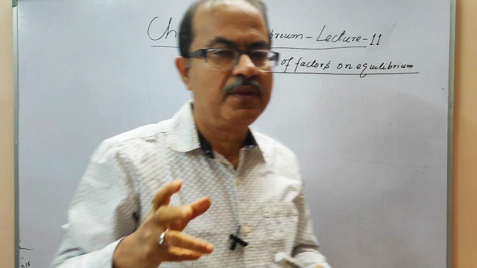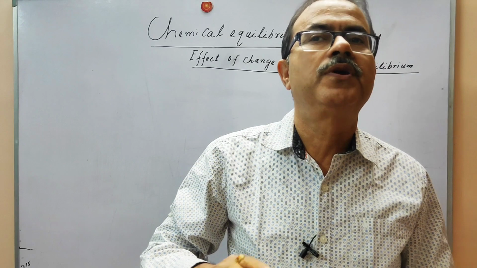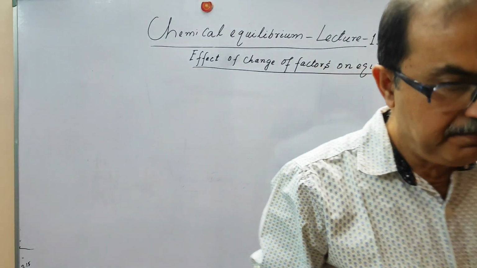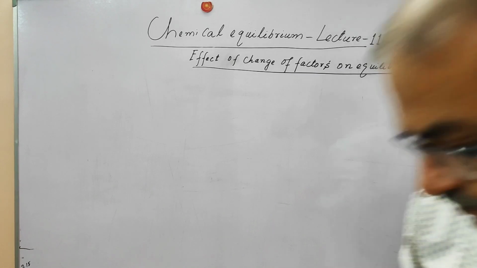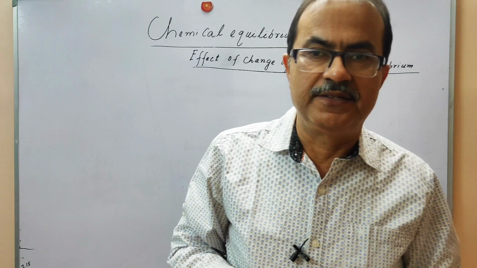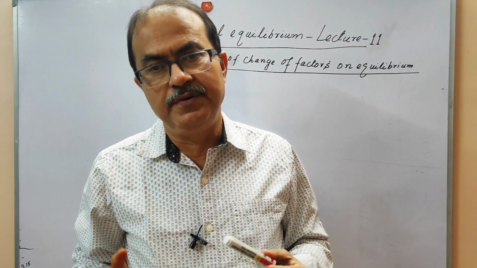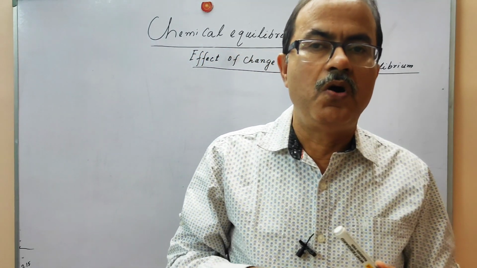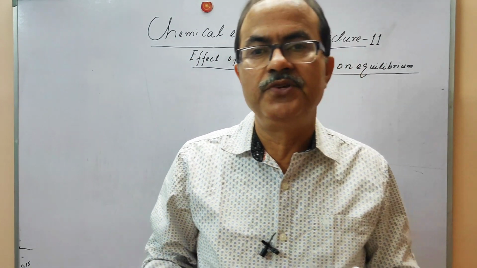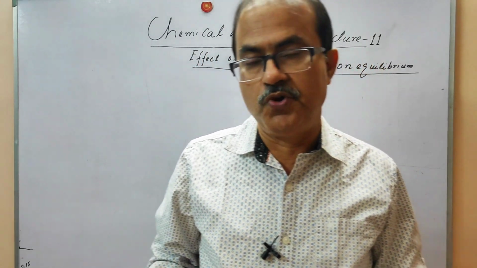Suppose a reaction has achieved equilibrium, we can say the system has achieved equilibrium. At that time, when we change any factors, that is the concentration of the reactant and product, or we change some pressure or some temperature of this reaction, then how is the reaction going to respond?